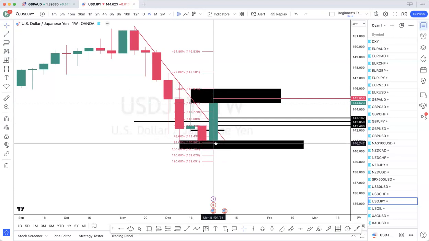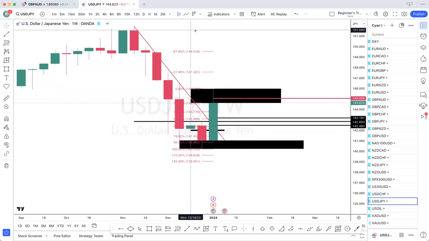Even if you did here, your stop loss would still have to be below this swing low. So yeah, I fib the order block itself, meaning the two candles.